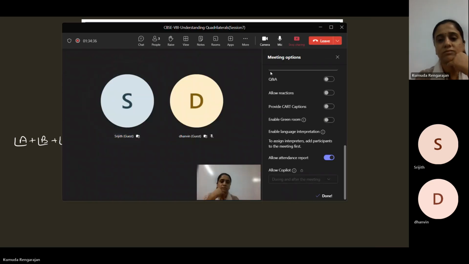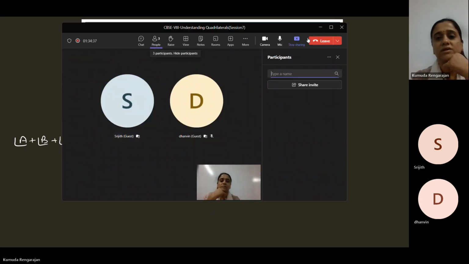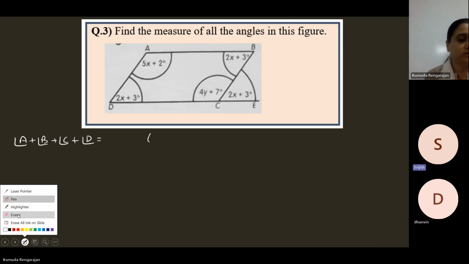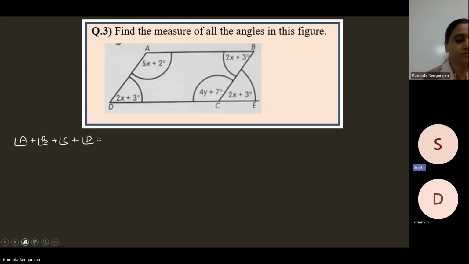Ma'am, what is the sum of these four angles? 360 degrees, ma'am. So what is the expression for angle A? 5x plus 2 degrees, ma'am.